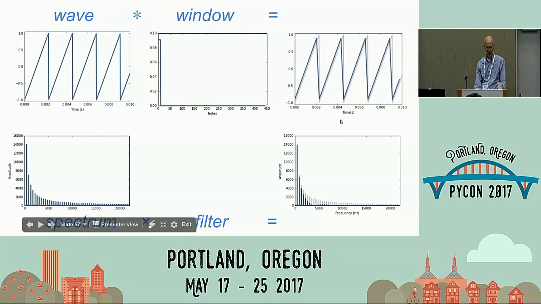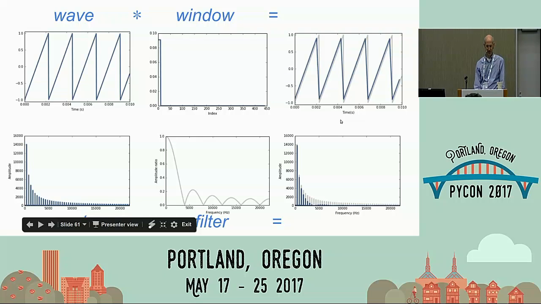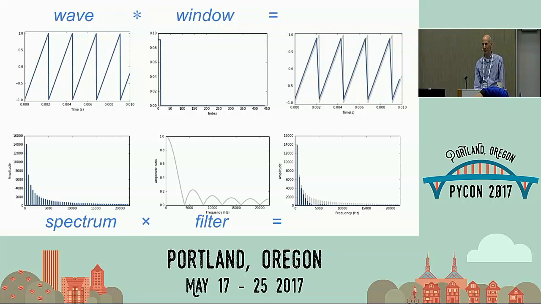And what that's telling us experimentally is this. That the spectrum of the window is the filter. That if you want to know what effect this window has in the frequency domain, all you have to do is compute the Fourier transform of the window.